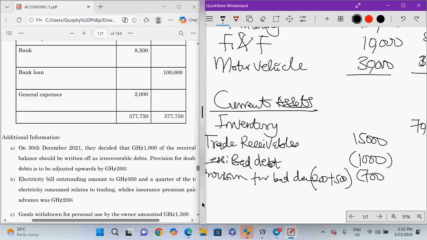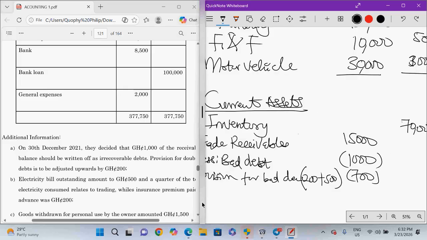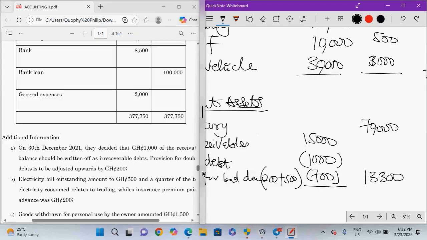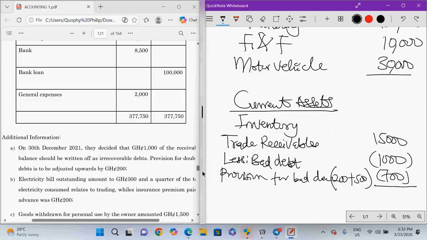What else? So we are deducting all of these so that you don't add them. So what do we have? 13,300. Okay.